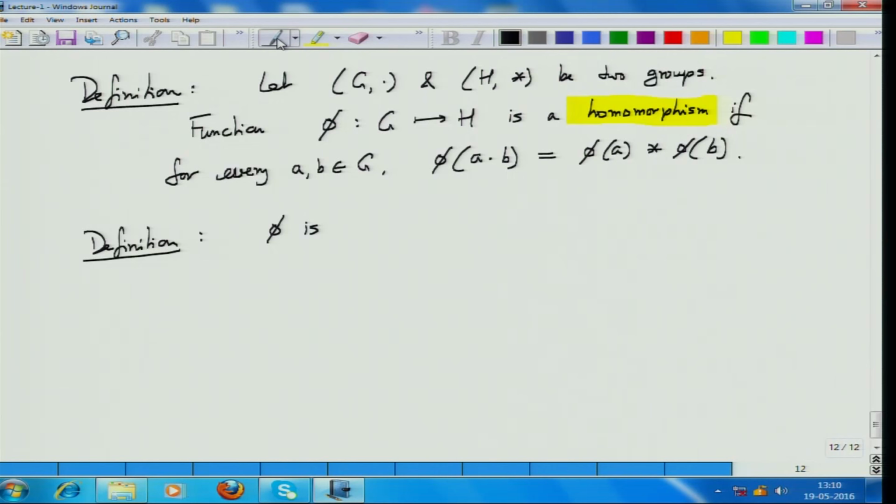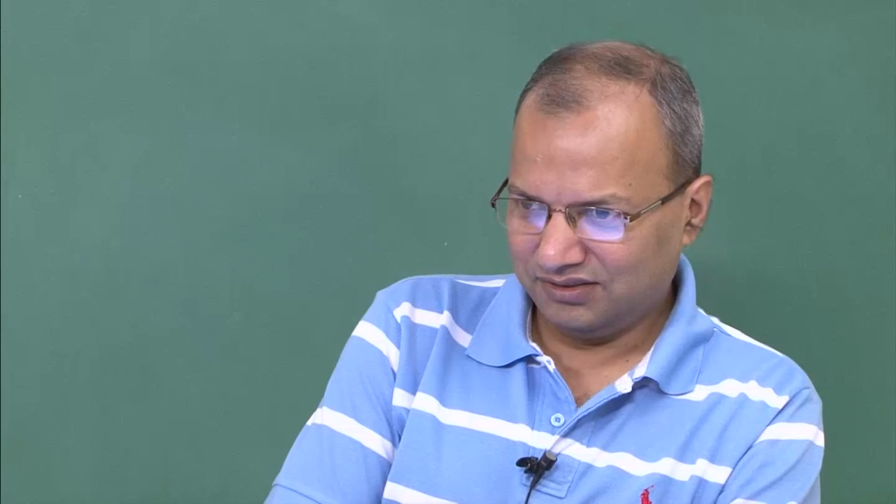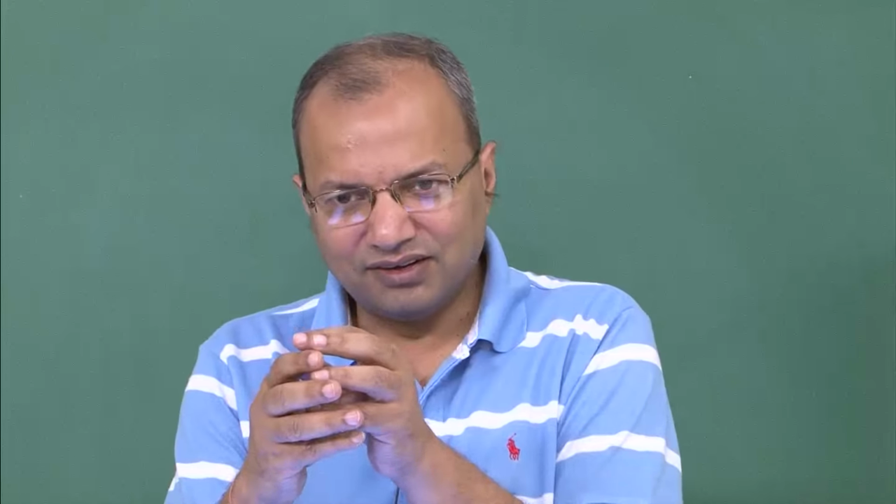Phi is an isomorphism if phi happens to be a one-to-one and onto mapping from G to H. So an isomorphism is a very special kind of homomorphism, and it is the isomorphism that we have been talking about earlier when we say that G can be written as H1 cross H2.